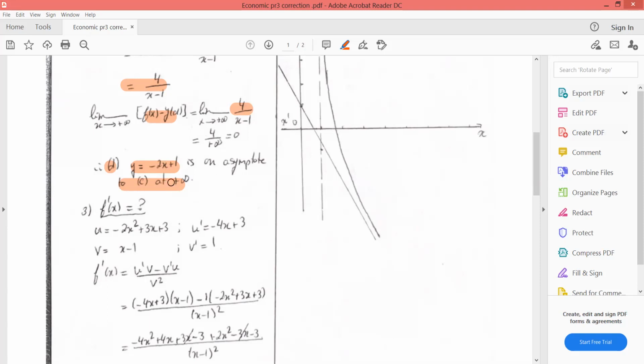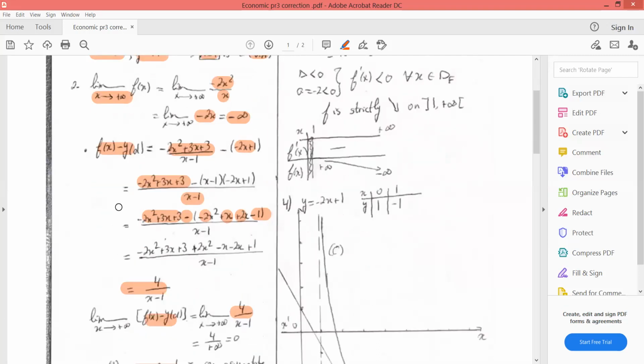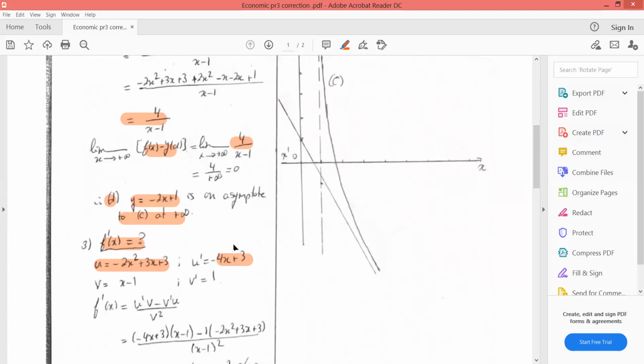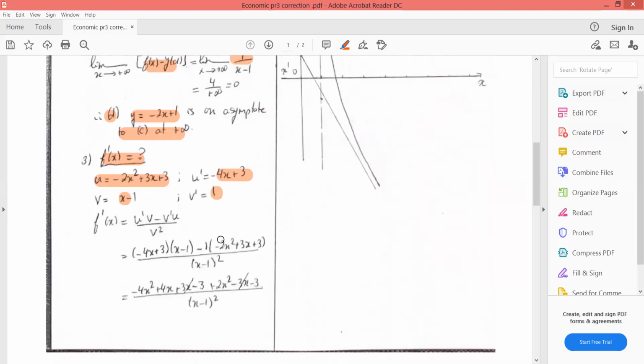Now we are going to calculate f prime x. كيف الفورم of f(x)? u over v. Then the derivative is (u prime v minus v prime u) over v squared. u is -x² + 3x + 3, what is u prime? -4x + 3. v equal x minus 1. v prime is 1.